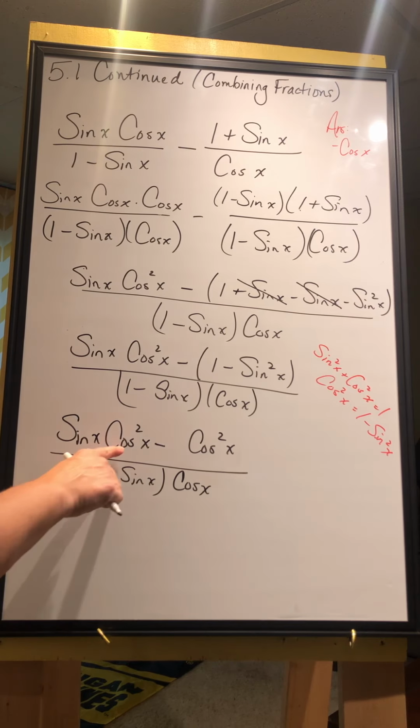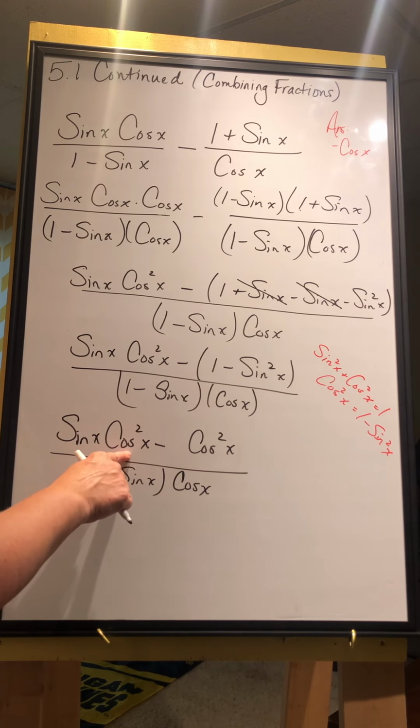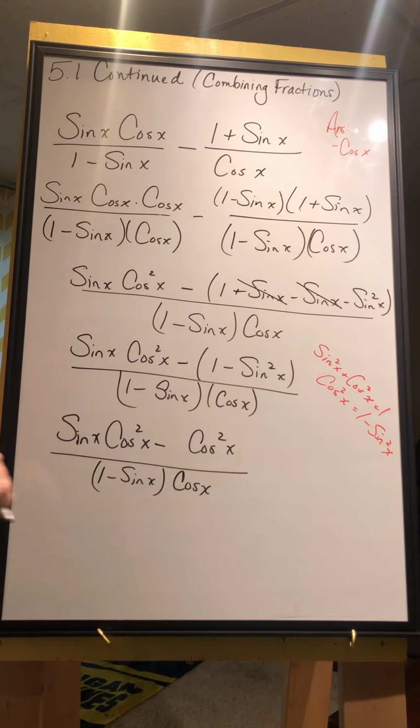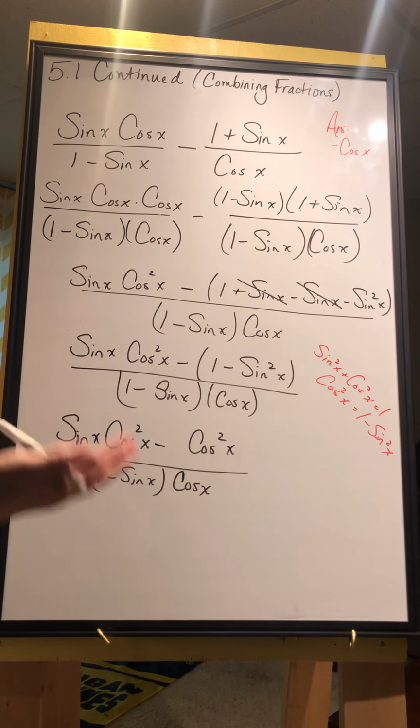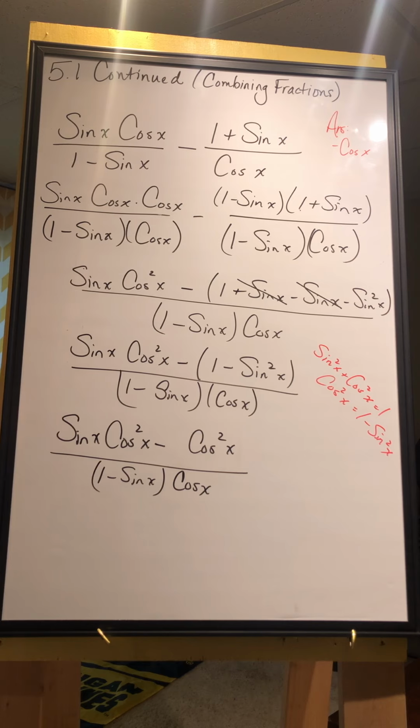Okay, this is not 0, cosine squared x minus cosine squared x, because it's being multiplied by that sine x. So here's where we're going to incorporate what we just got done doing with factoring. This term has a cosine squared. This term is cosine squared. So that means we can factor that out.